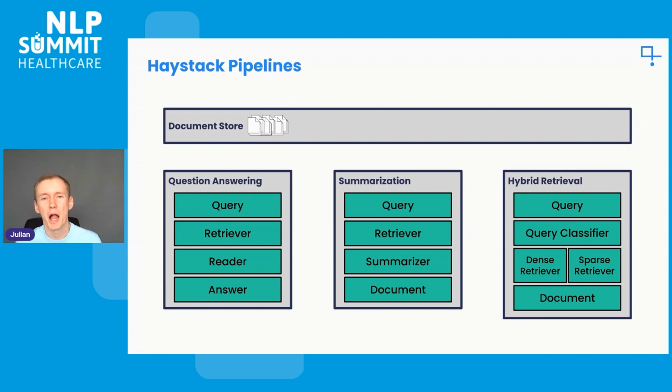There are also other pipelines you can imagine, and you could easily change the demo if you want to try out a different search use case. So for example, maybe you have in mind summarization. There you can have a query again as input. The retriever will again retrieve the most relevant documents, but then instead of trying to extract an answer, we could use a summarizer node.